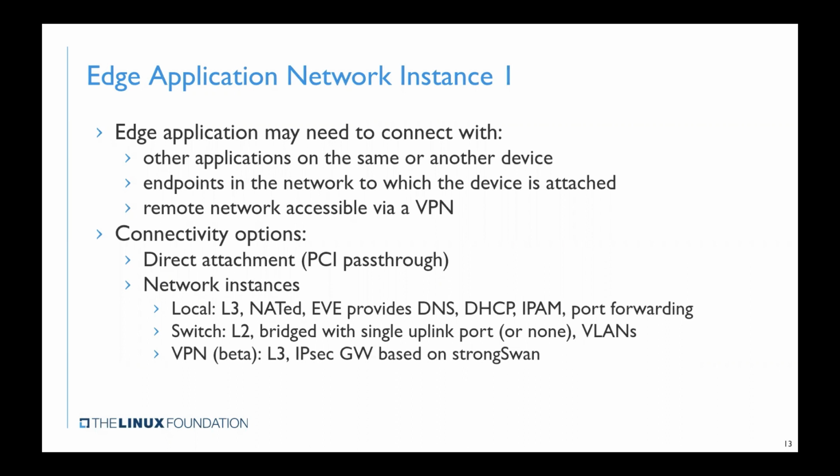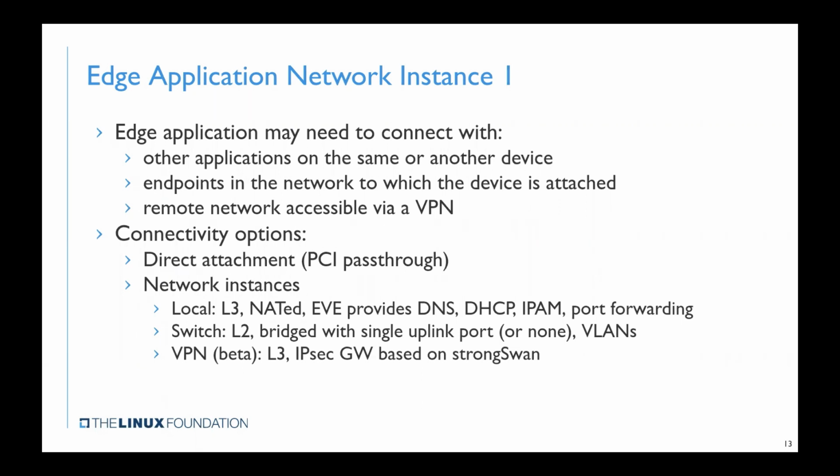And for these local network instances, EVE provides several services like DNS. So there is a DNS server running inside EVE. It's actually dnsmasq, which also provides a DHCP server service. As I mentioned, IP address management is provided by EVE.